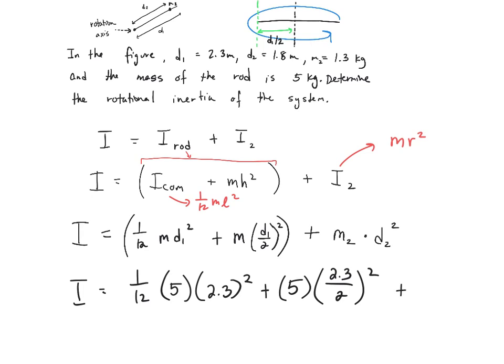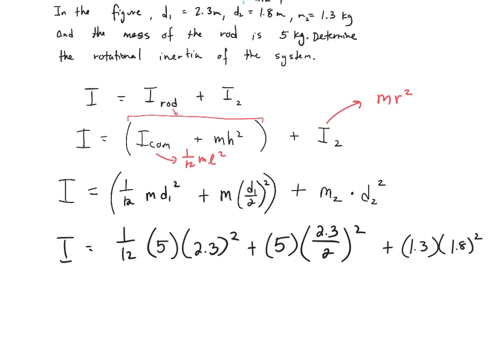I just used the parentheses earlier so you guys can see the terms. The mass that's concentrated is 1.3, and its distance from the rotating axis is D2, which is 1.8, and that's squared. If you forget your squared term, it's like forgetting that it's mr squared or ml squared. Keep that in mind as you're doing these problems.